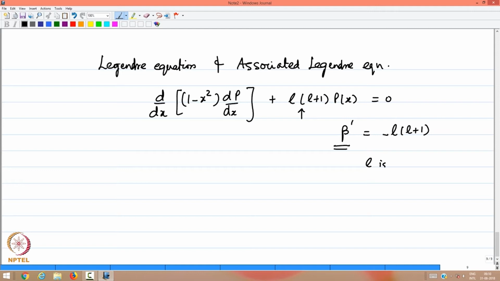L is an integer and it takes values 0, 1, 2, 3, etc.